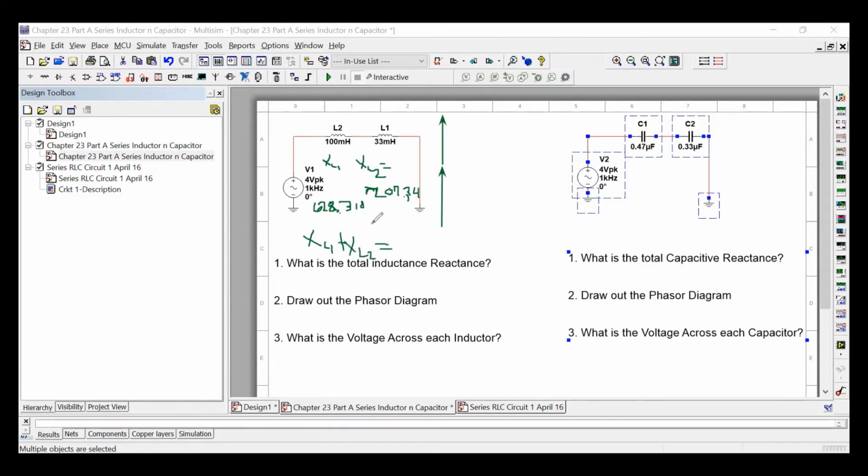In this case, we have 628 plus 207, which is 835.658. Perfect.